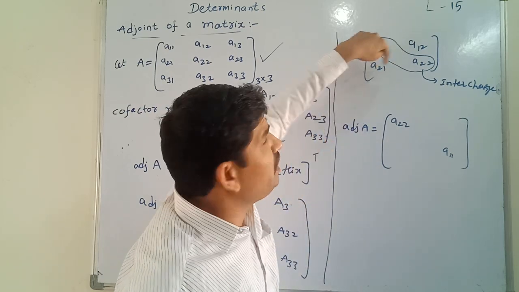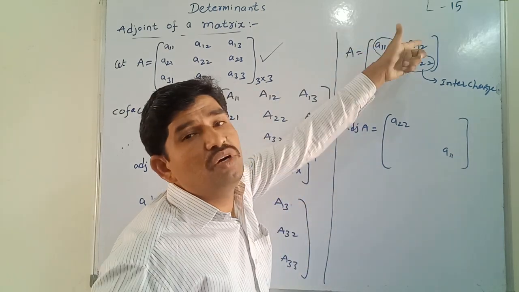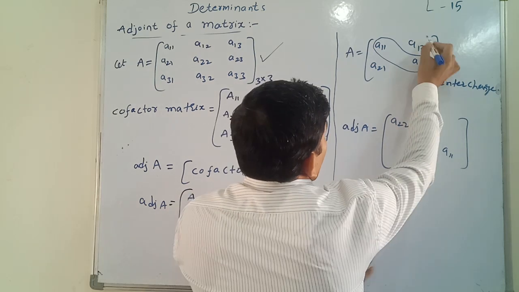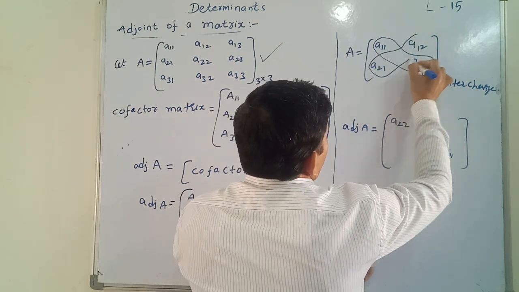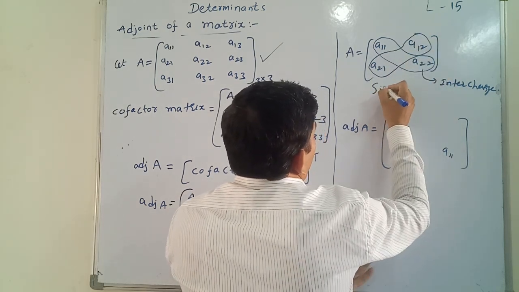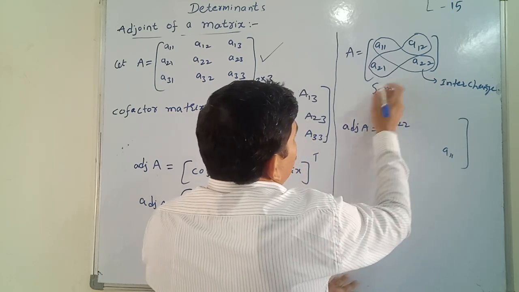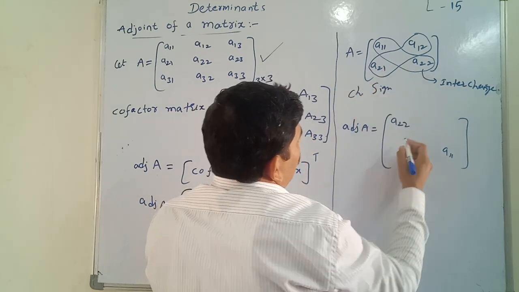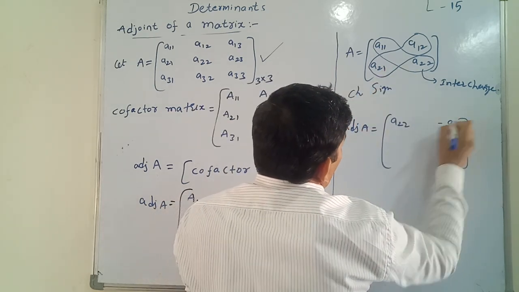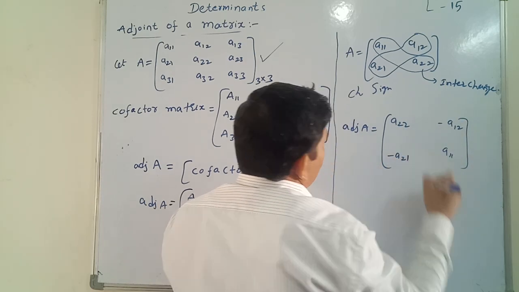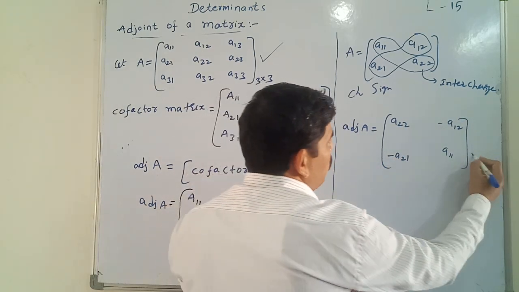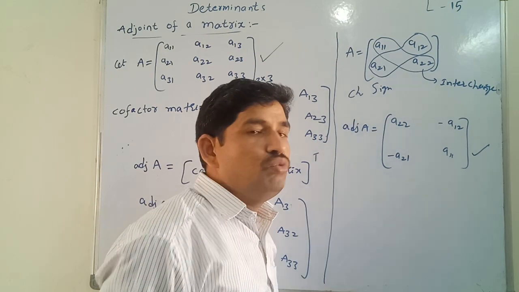There is a positive sign in front of two elements, we have to write a negative sign. Means we are going to change the sign. Now I am changing the sign of this one, so minus A12 and minus A21. This is nothing but the adjoint matrix.